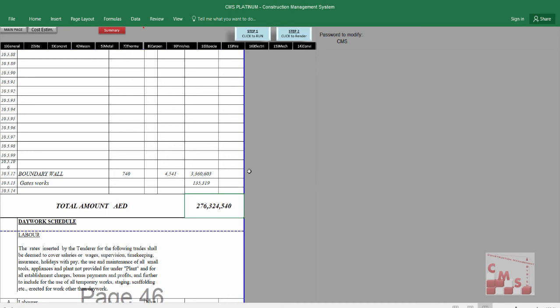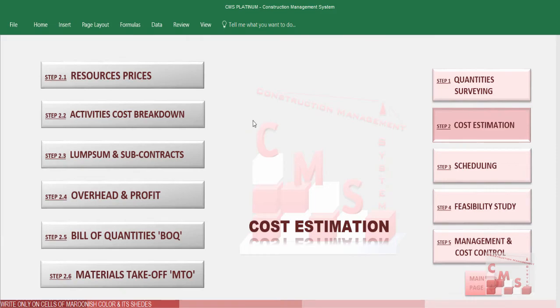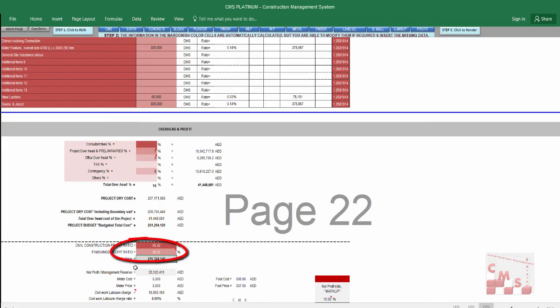That's the same number as the price which is here. This came automatically and was distributed in all the activities automatically, then generated a priced BOQ automatically. That's for the cost estimation.